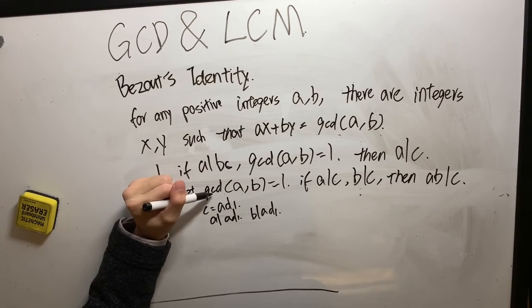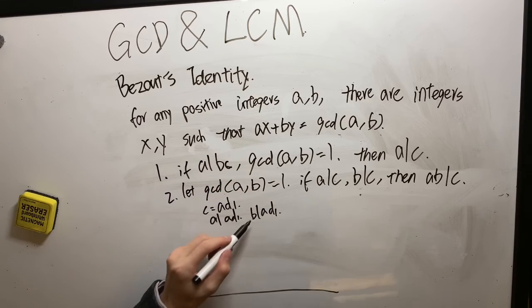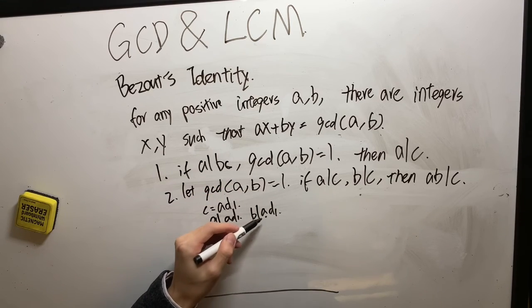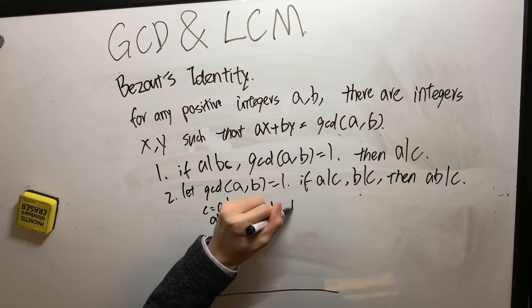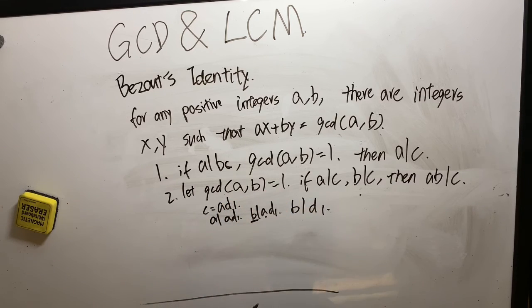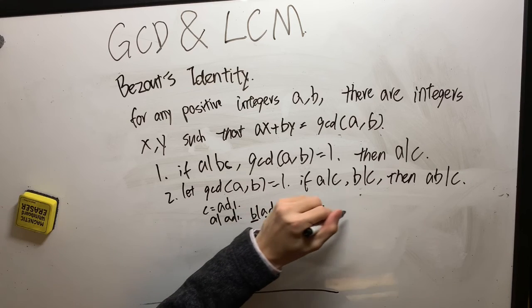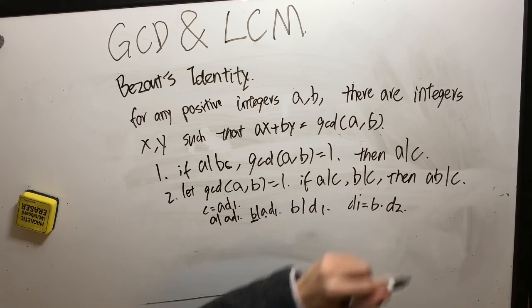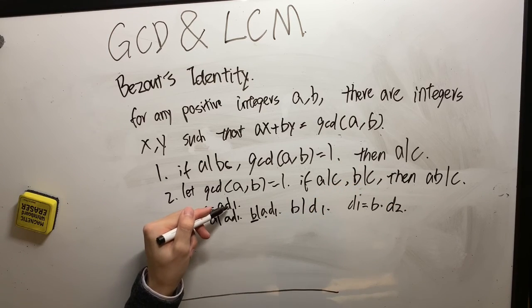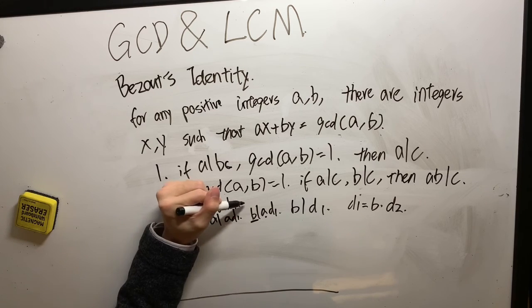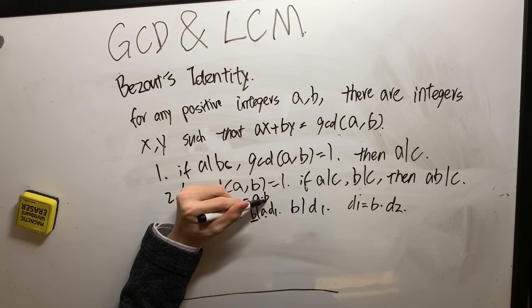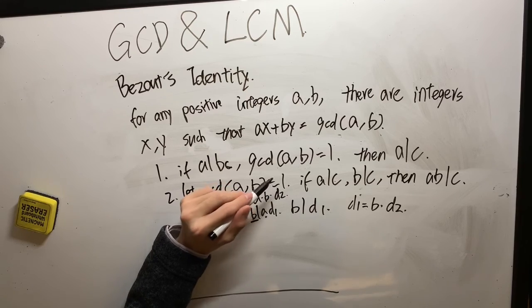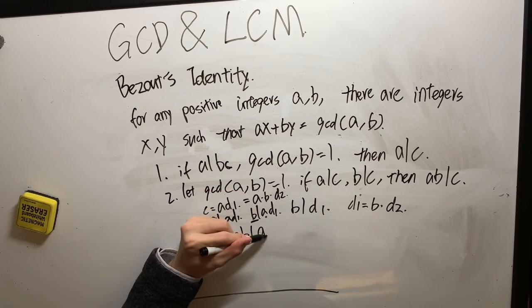However, since GCD(A, B) equals 1, B must not divide A, so B divides D1. So let's make D1 equal to B times D2. Since C equals AD1, that is also equal to A times B times D2. Therefore, AB divides C.